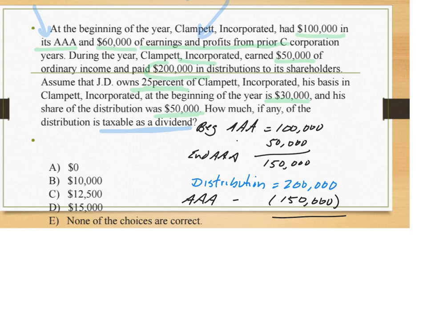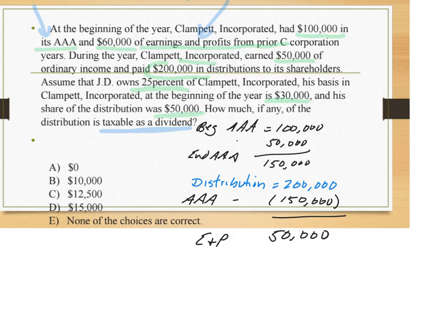So then you have $50,000 that comes from earnings and profit, okay? And what comes out of earnings and profit is going to be taxed as a dividend.